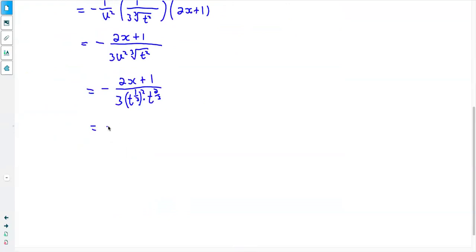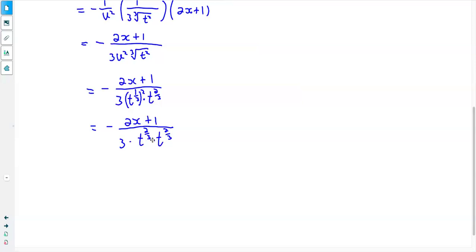So that's negative of 2x plus 1 over, if we're squaring an exponent, we multiply, so 3 times t to the power 2/3.